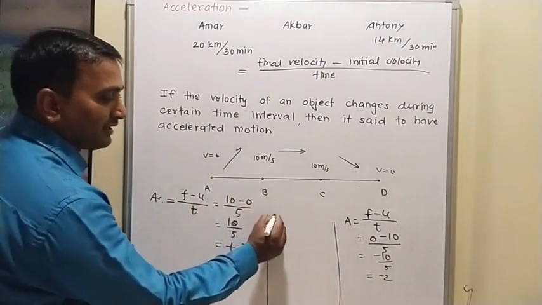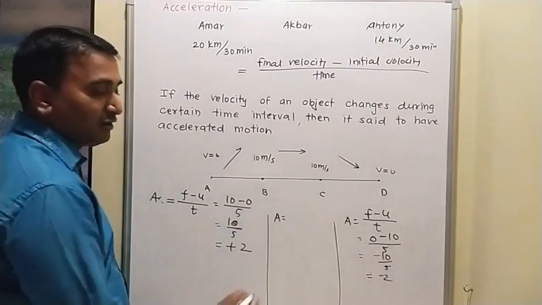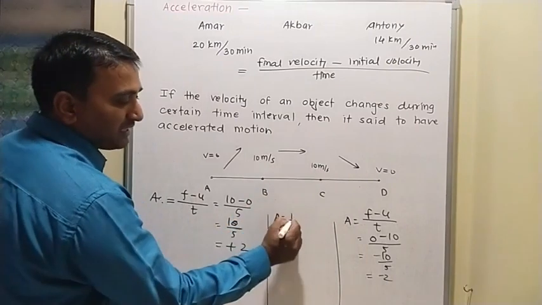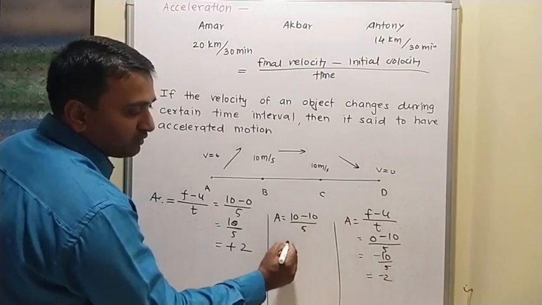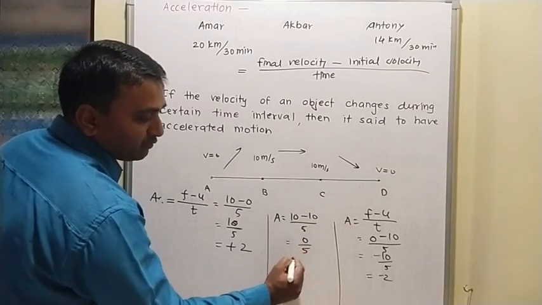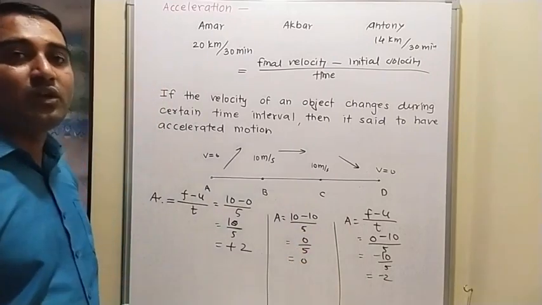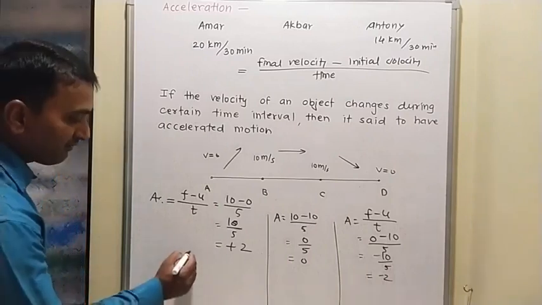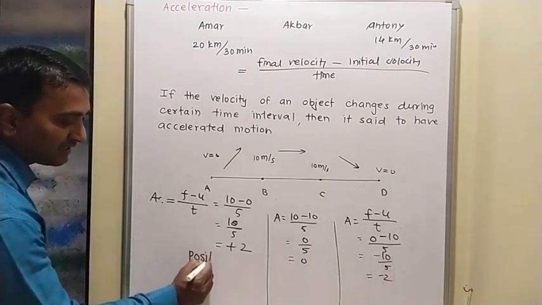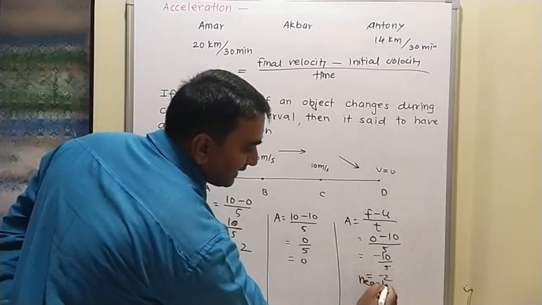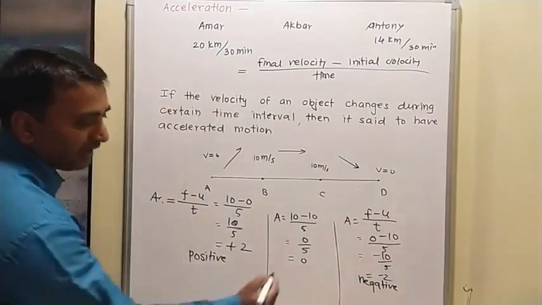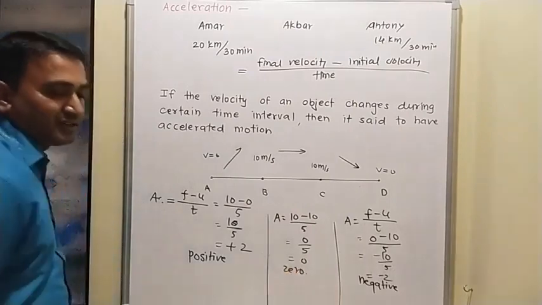But what about here? Acceleration is equal to final velocity 10, initial velocity also 10, divided by 5. So 0 divided by 5, so 0. So what kinds of accelerations are there? Here we have positive acceleration, here we have negative acceleration, and here we have zero acceleration.